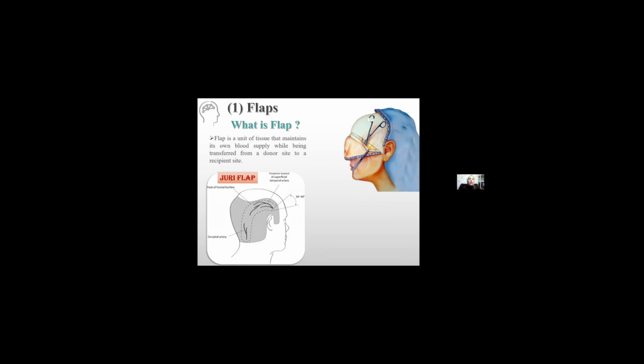The arteries included in it are the posterior branch of the superficial temporal artery and the occipital artery, while the recipient site is the anterior hairline, so the flap here is used to reconstruct the anterior hairline and to correct some male pattern baldness.